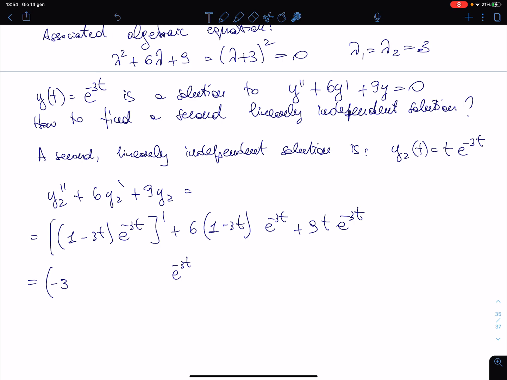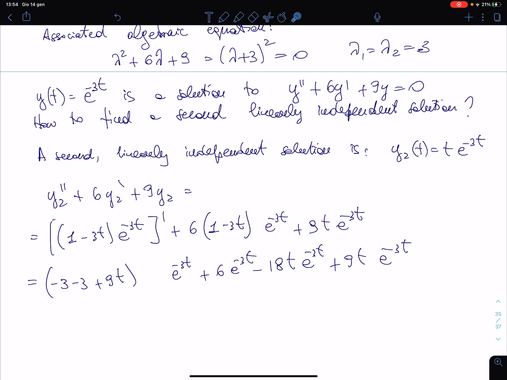Then you multiply -3 for this, and so you have again -3, plus 9t e to the -3t, plus 6e to the -3t minus 18t e to the -3t plus 9t e to the -3t.